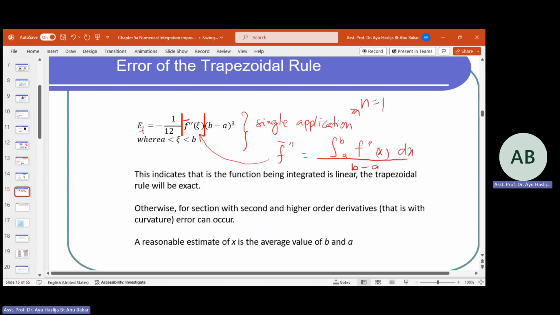For multiple applications, there is a different equation. But I will not emphasize too much on this equation to calculate the error, because it involves double differentiation. We'll go the easier way.